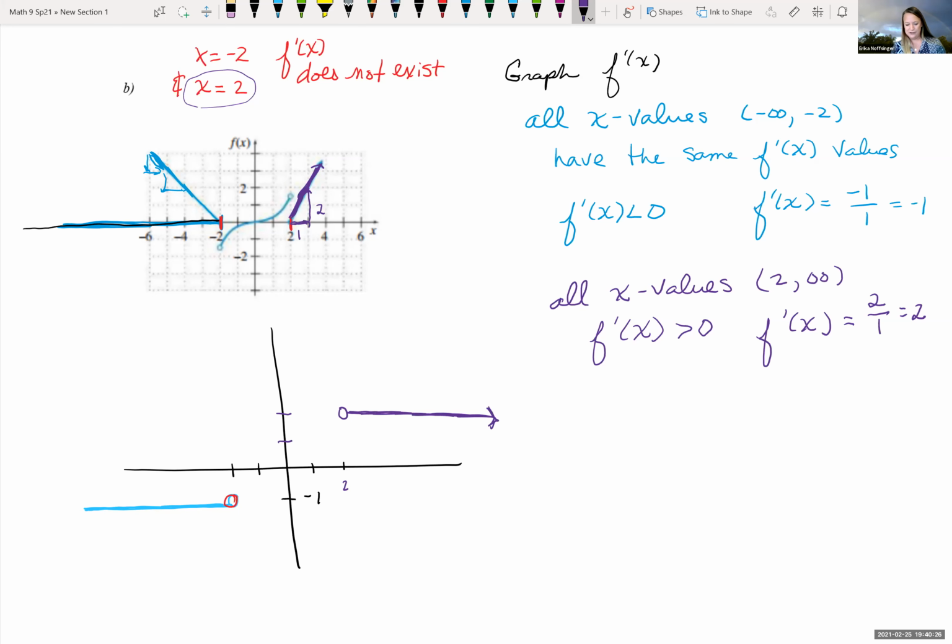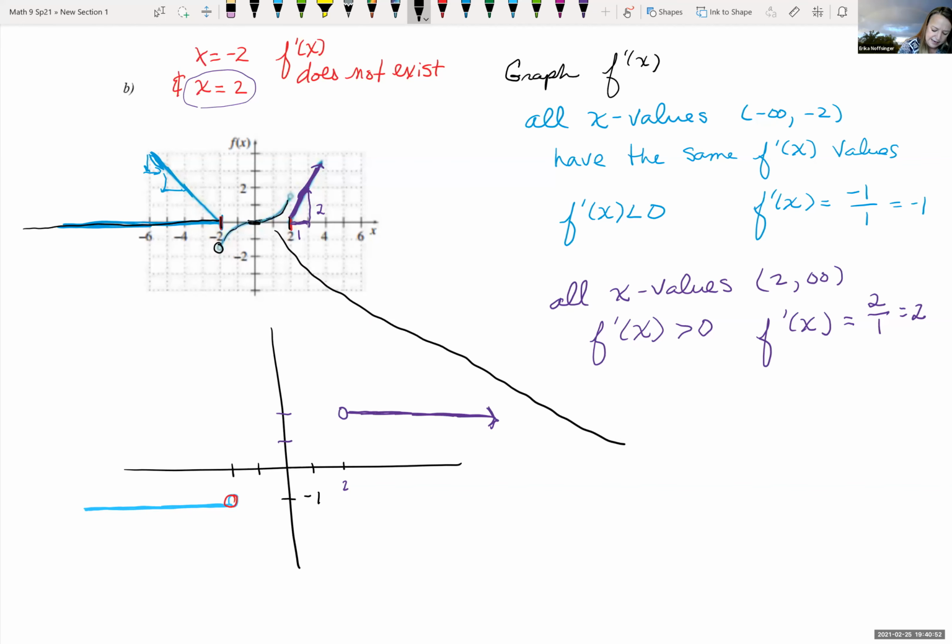Okay, so let's look at that middle piece between -2 and 2. So looking at that graph, I know a couple of different things. From -2 to 2, notice that this is pretty much strictly increasing. I level out a little bit right here at x equals 0, and then I increase again.